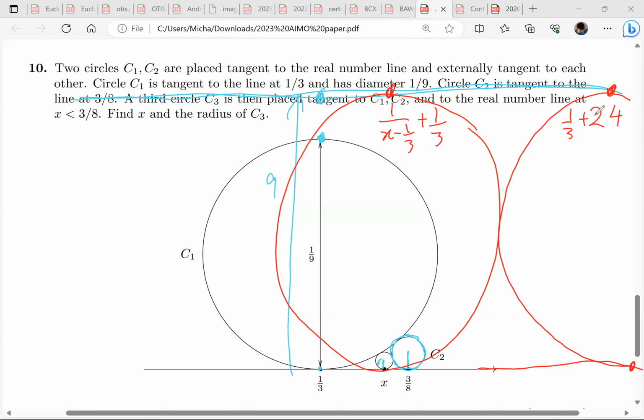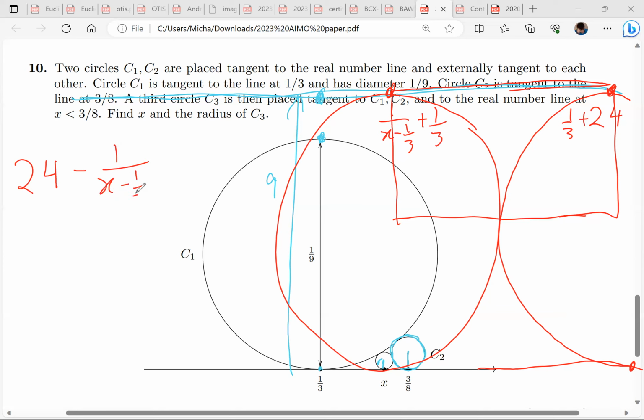This distance here is equal to the diameter, because this is basically a rectangle here, and so that distance, which is 24 minus 1 on x minus a third, is equal to 9. Oh, I got it the wrong way around.